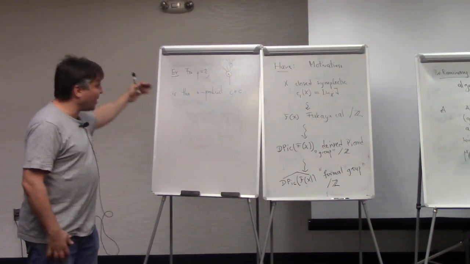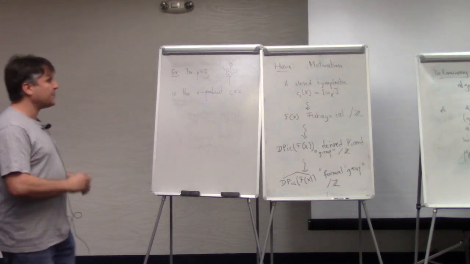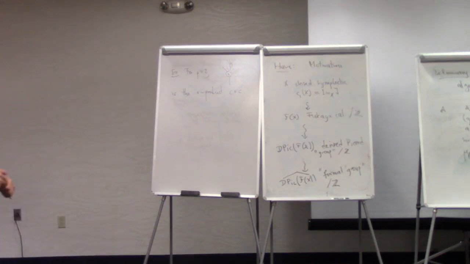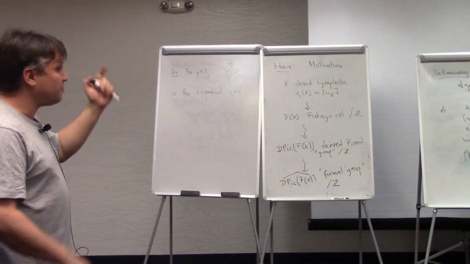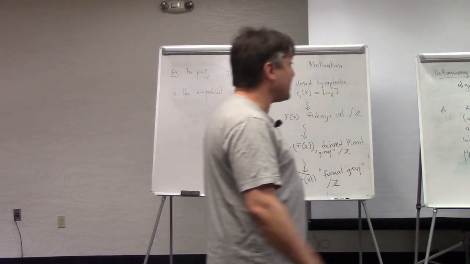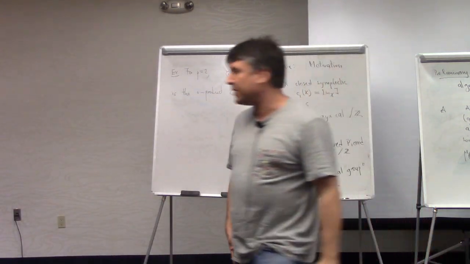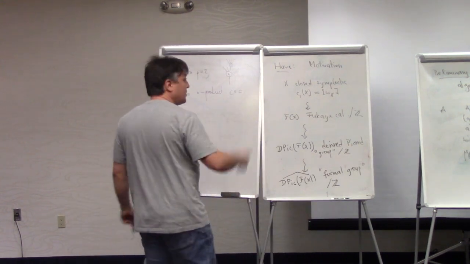So this is half of the Lie bracket. In fact, more generally, the bracket together with this operation makes Hochschild cohomology into a restricted Lie algebra.